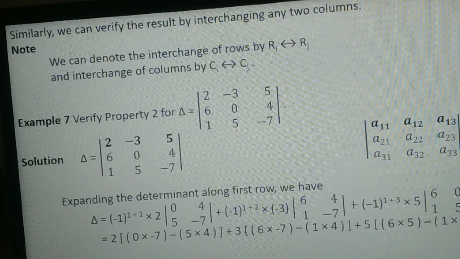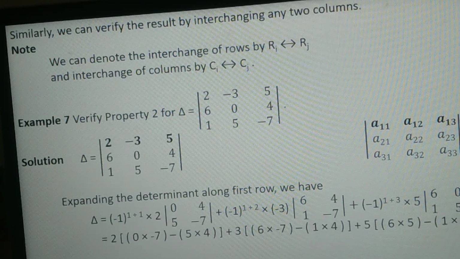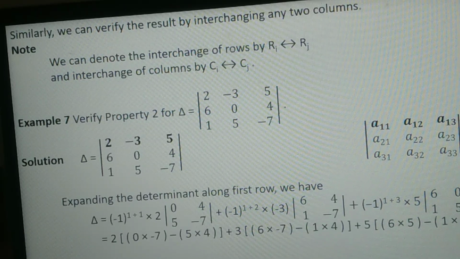which is equal to 2 into (0 into minus 7 minus 5 into 4) plus 3 into (6 into minus 7 minus 1 into 4) plus 5 into (6 into 5 minus 1 into 0).